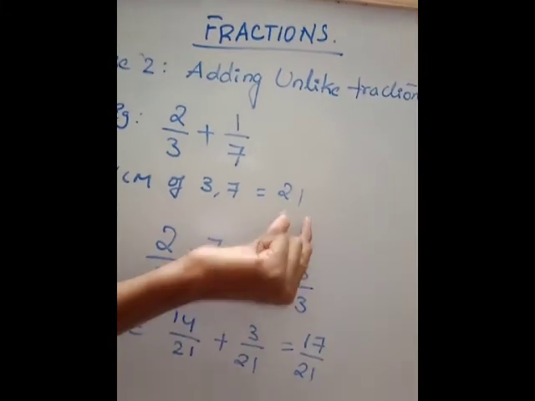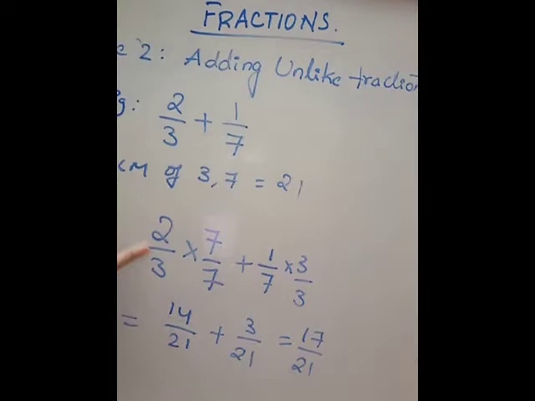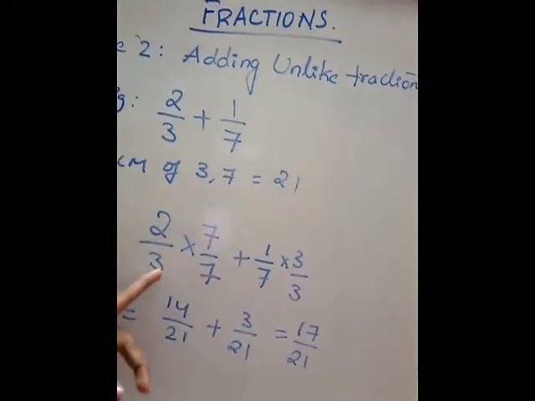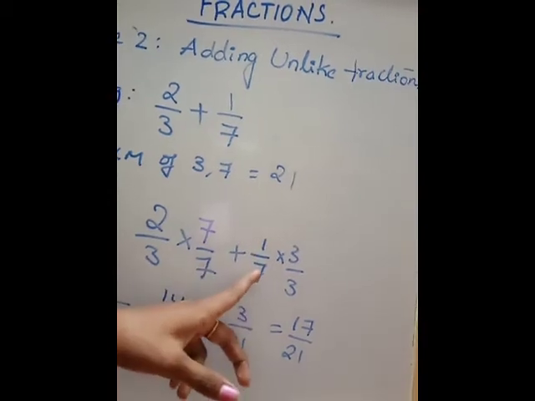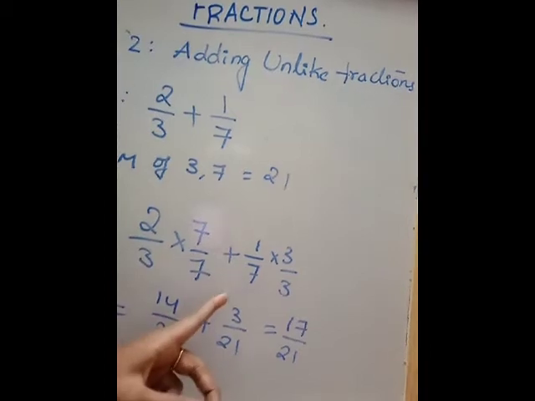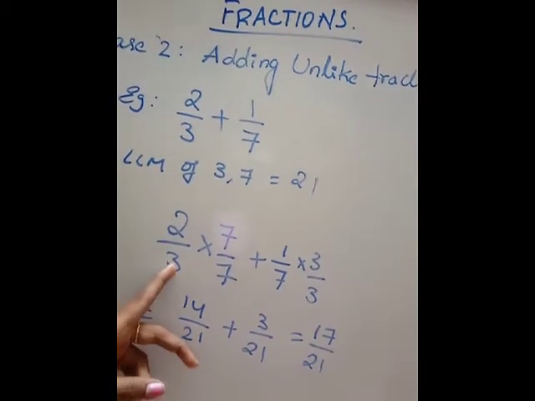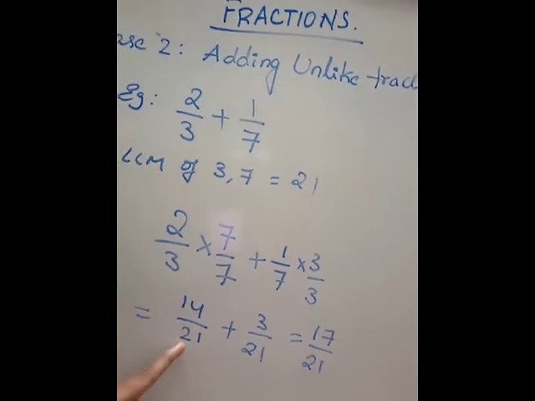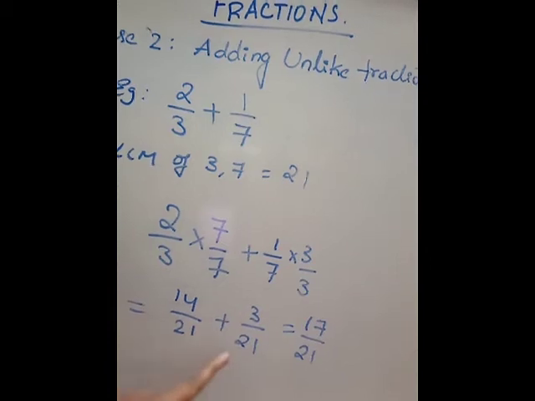Now as the LCM is 21, I am multiplying 2 by 3 with 7 by 7 to make the denominator 21, and 1 by 7 by 3 by 3 to make the denominator 21. So 2 sevens are 14, 3 sevens are 21; 1 three is 3, 7 threes are 21.